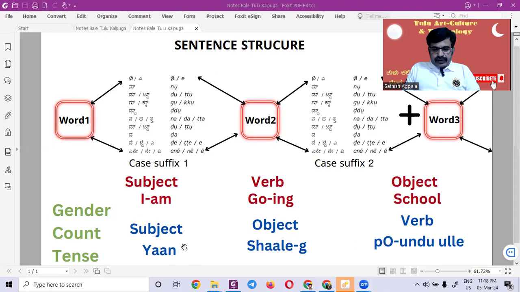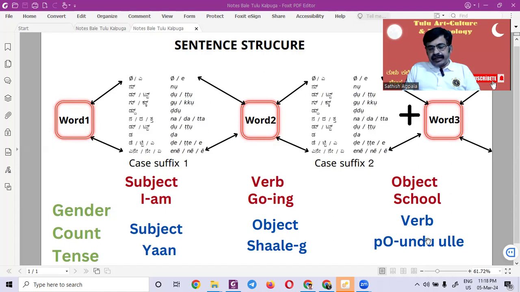For example, ಯಾನ್ ಶಾಲೆಗೆ ಪೋವೊಂದುಲ್ಲೆ. ಯಾನ್ means I, ಶಾಲೆ object, school, po, go. ಯಾನ್ ಶಾಲೆಗೆ ಪೋವೊಂದುಲ್ಲೆ.